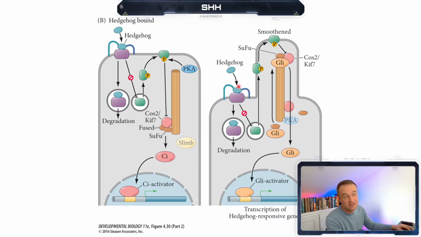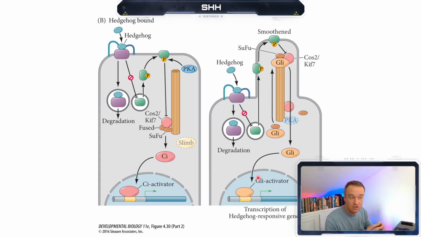But now, since Hedgehog's here and it blocks Patched, Smoothened gets phosphorylated. It blocks this COS2 KIF7 apparatus that was cutting GLI in half, and it allows GLI to still be imported into the nucleus, but this time as a whole protein.